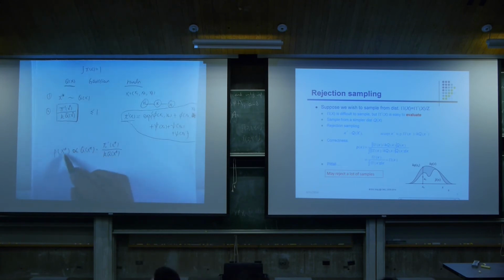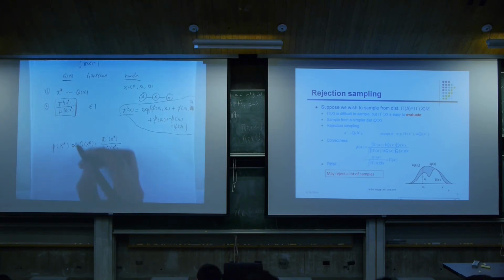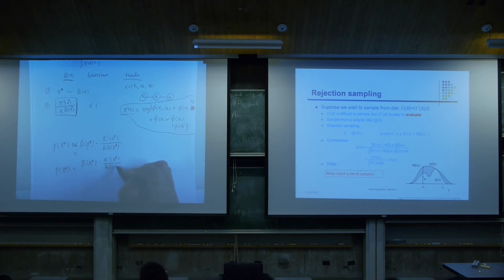The probability of x star is proportional to the product of these two quantities, because we first draw x star from Q, and in the second step we use this probability to decide whether we accept it or not. So to turn this proportionality into equality, we add a normalizer: P(x star) equals Q(x star) π'(x star) over k Q(x star), divided by the normalizer.